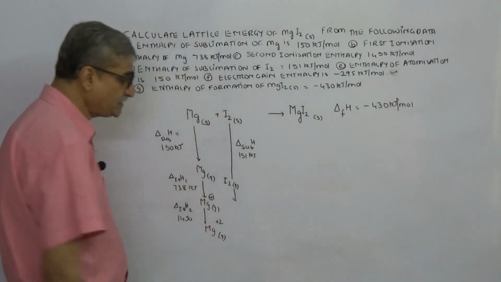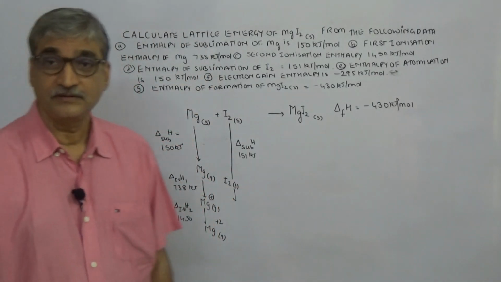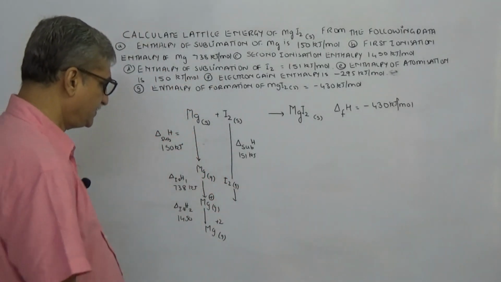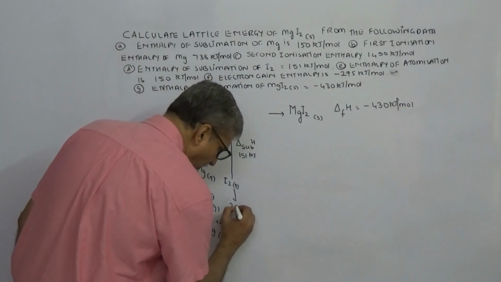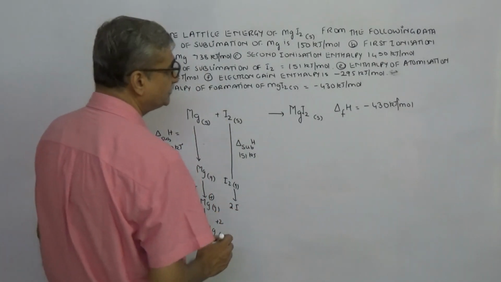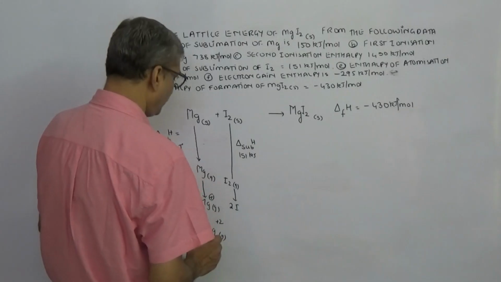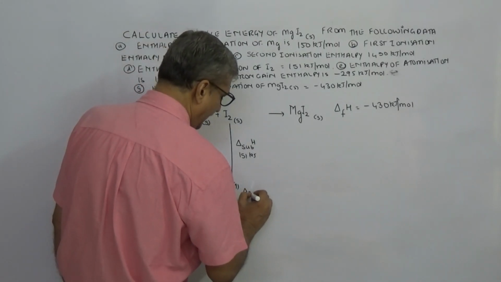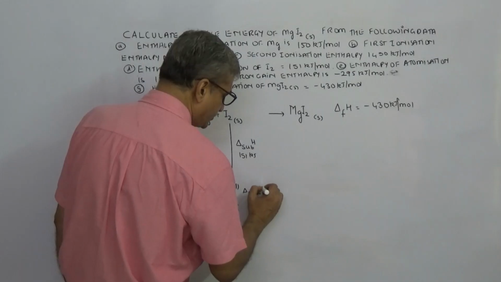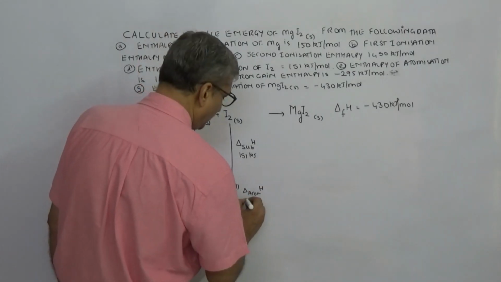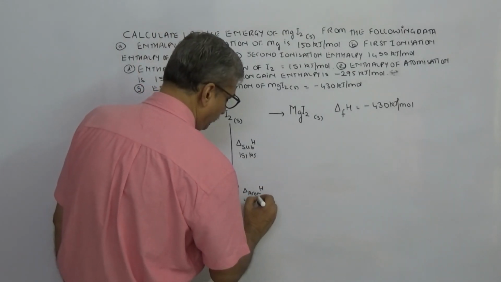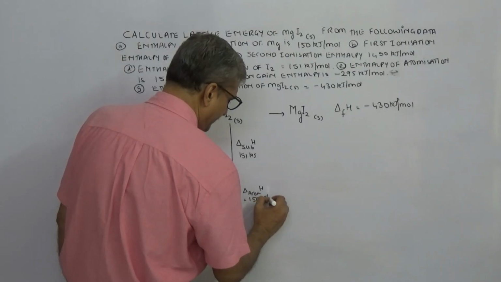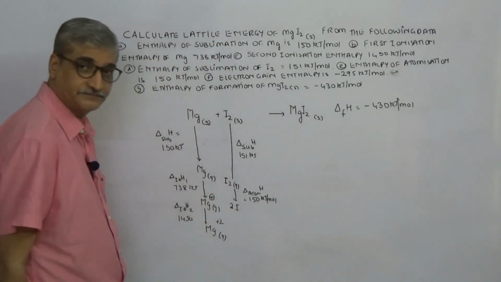Then iodine is breaking into its gaseous atoms, so you have 2 iodine atoms. This is enthalpy of atomization, delta atomization H, equal to 150 kilojoule per mole.